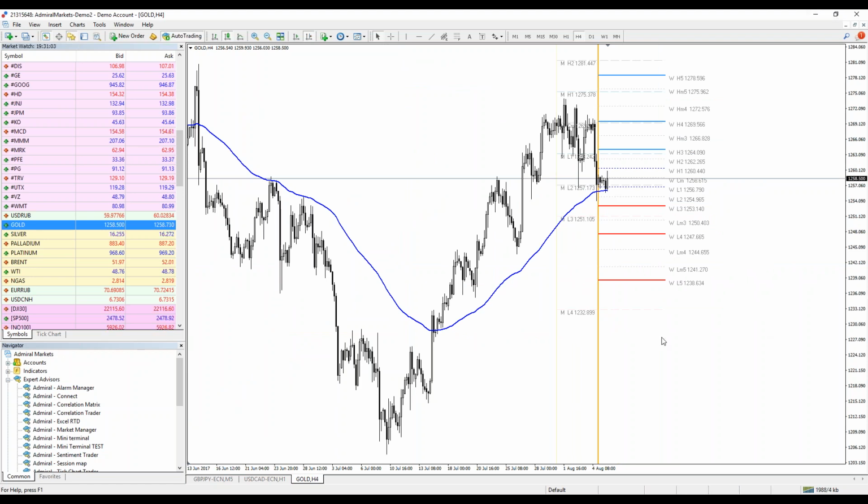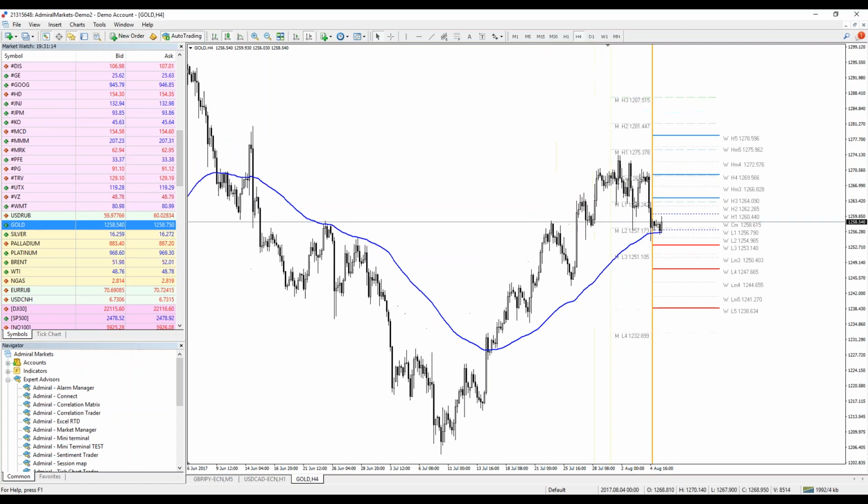It's slightly above weekly L1. This is EMA. So I would wait a little bit deeper around 1253.14. That is where your buy trade could kick in towards weekly H3, because this range still needs to be tested. This candle obviously has tested up and down range, so above will be bullish, below will be bearish.